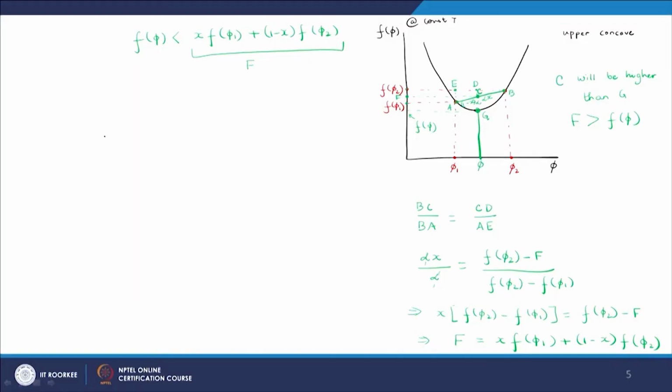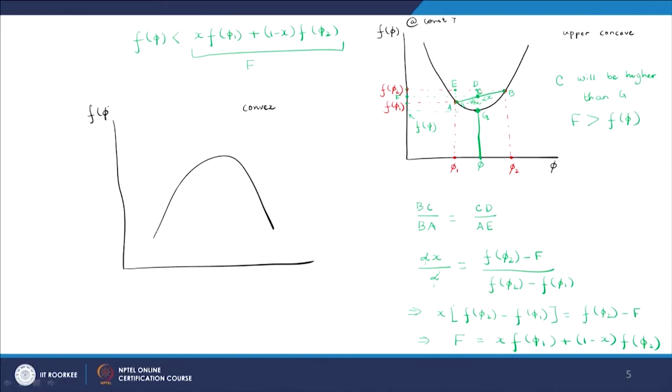Let us see what happens if the graph is the opposite of this. Let us say we have a convex graph that has a minima as opposed to a maxima. So, now again if I think of two values, phi 1 and phi 2, again I can do the same construction.